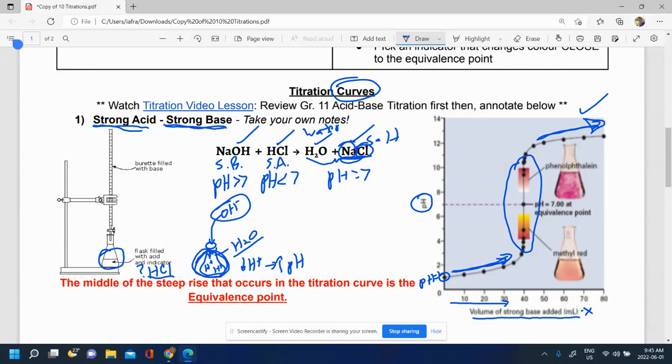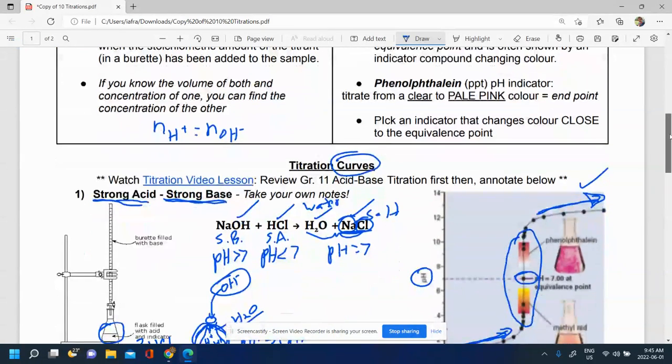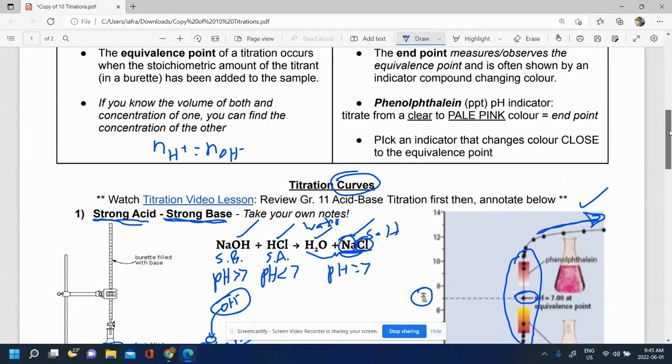Now, what is your goal with this titration curve? Your goal is to get as close as possible to what's called the equivalence point. The equivalence point is the point where all your acid has reacted with all your base, in a stoichiometric sense. So your moles of H+ are equal to your moles of OH-. That's what you want to aim for, because that's when your reaction is technically complete.